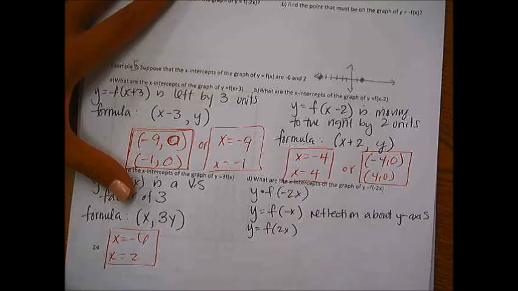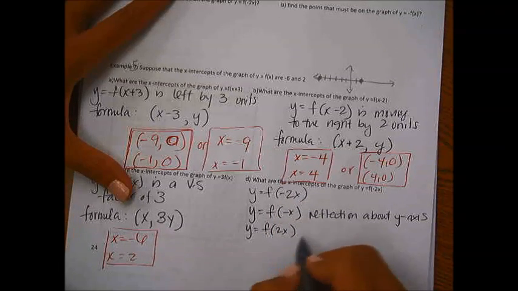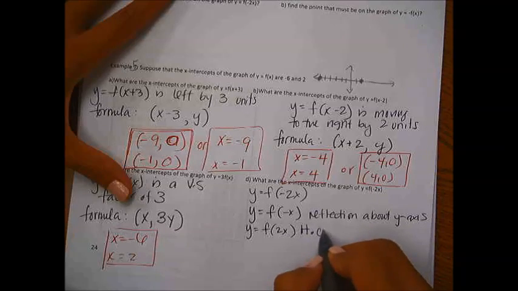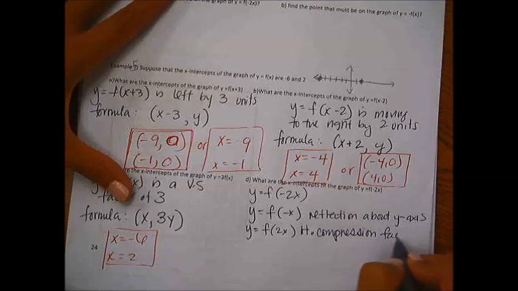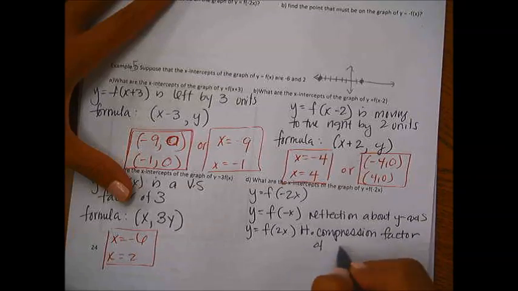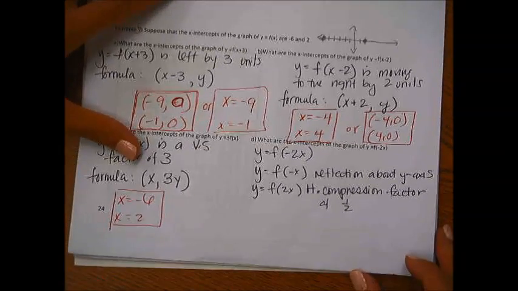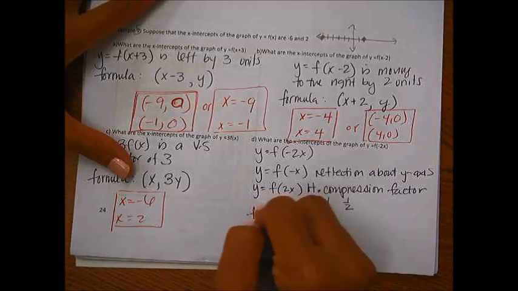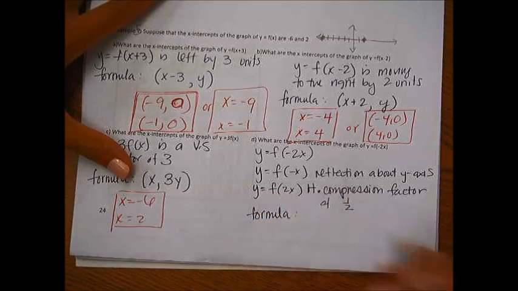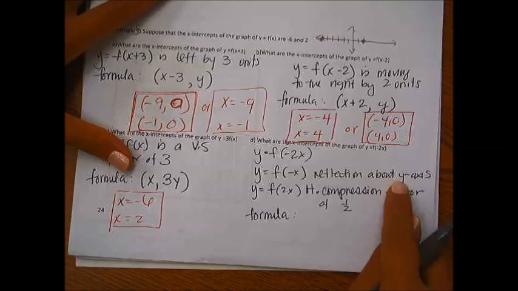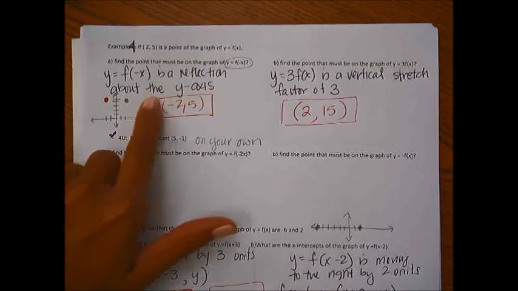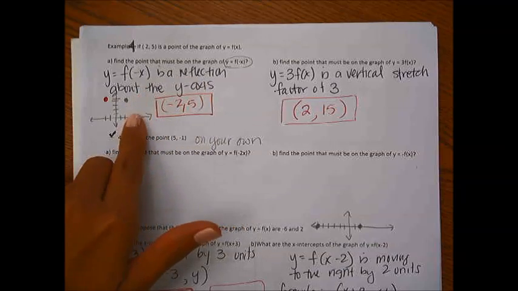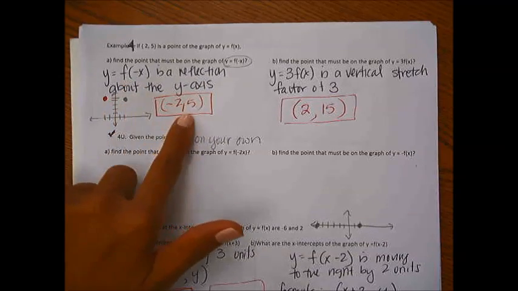Then we're going to put them together. The 2 inside is a horizontal compression by a factor of 1/2. So if I were to write a formula, a reflection about the y-axis means, remember, the x is going to change.